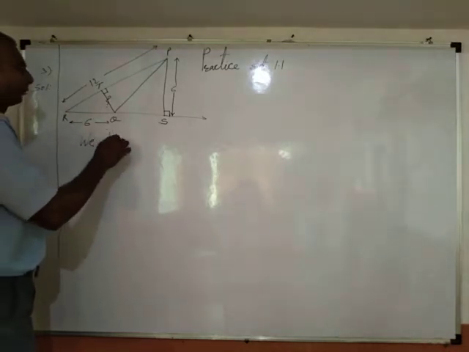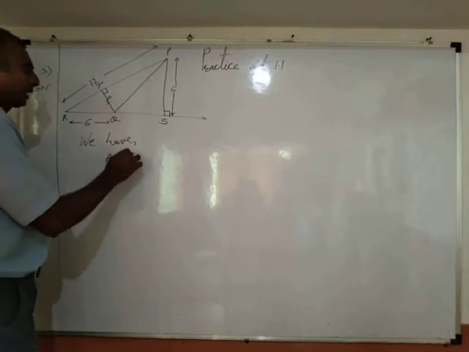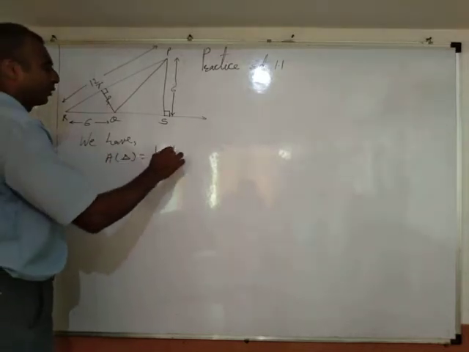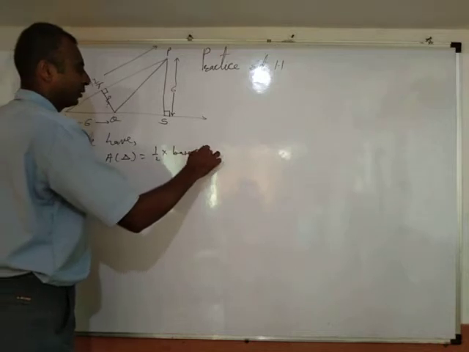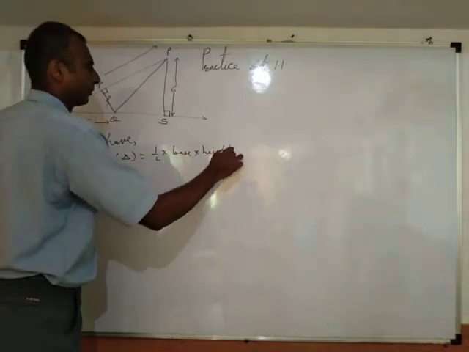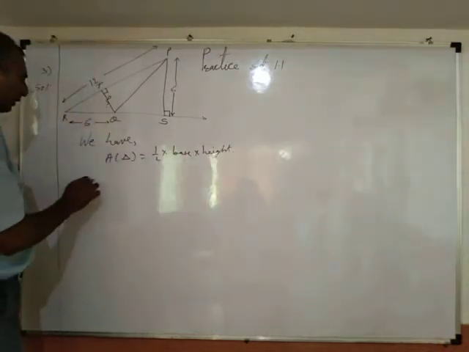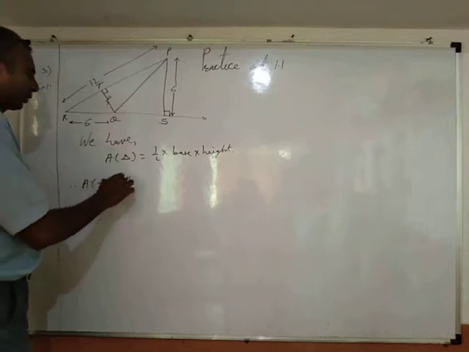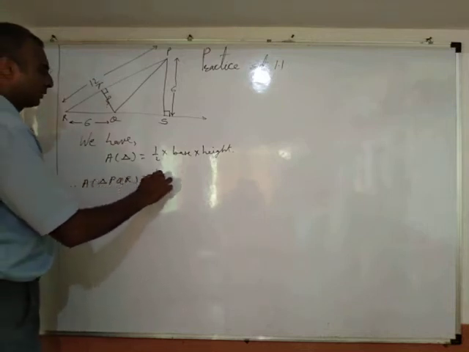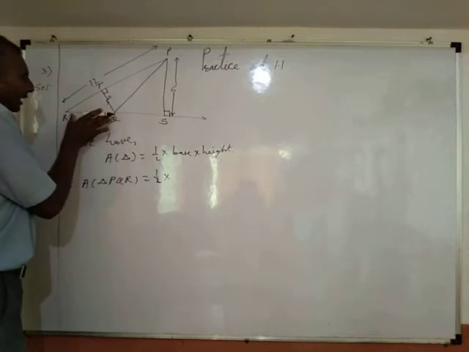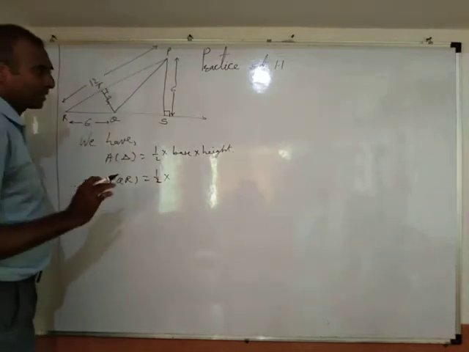We have area of triangle equals half into base into height. Therefore, area of triangle PQR equals half into QR as a base, PS as a height.